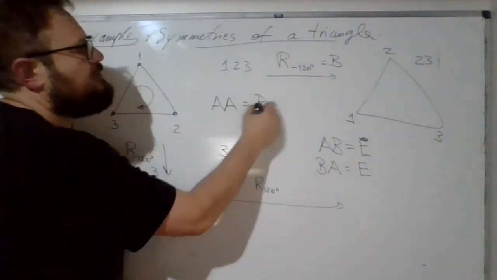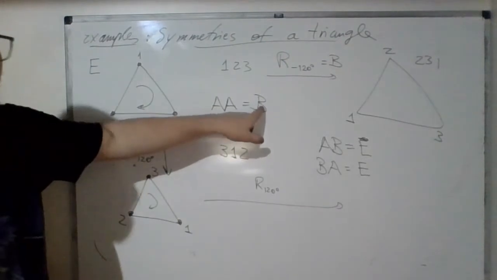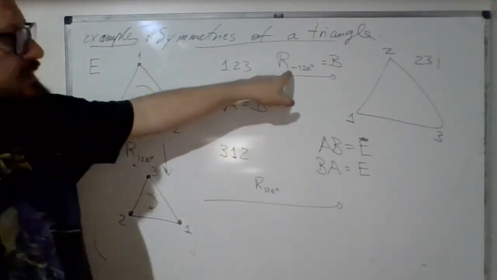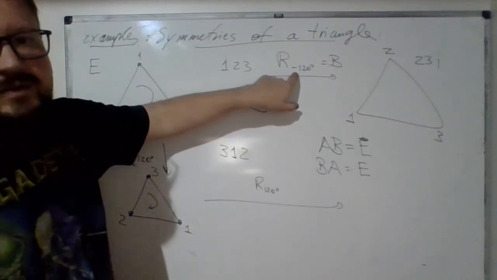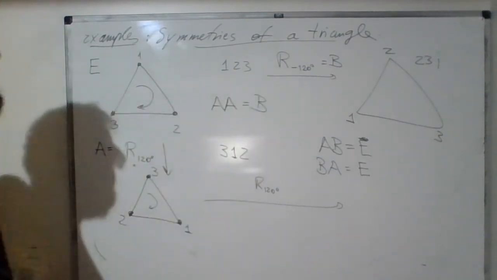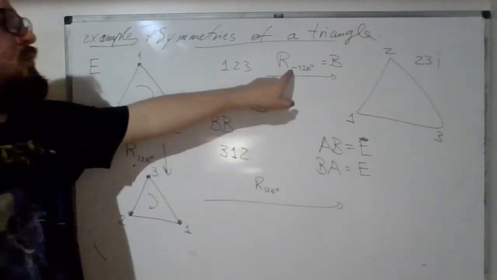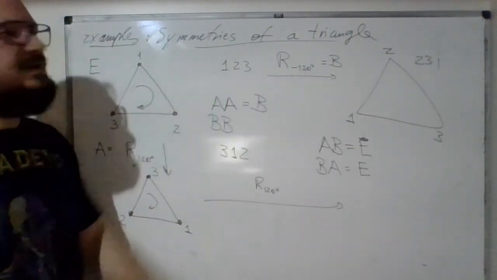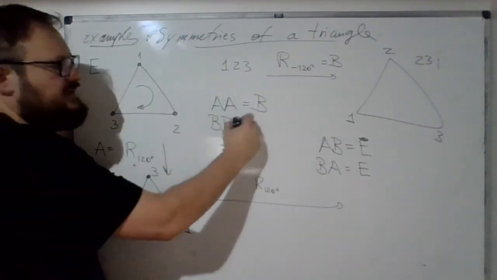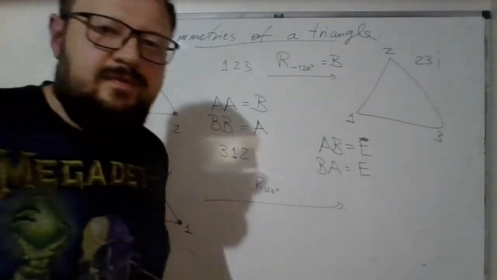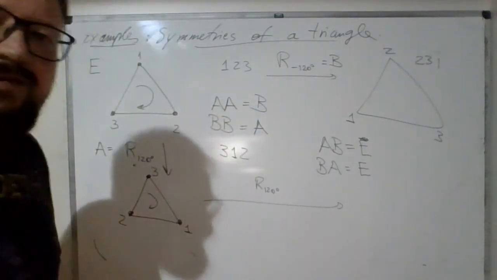This corresponds to B, which corresponds to one rotation by 240 degrees, which is the same as minus 120 degrees. And if you rotate by minus 120 degrees, successively it corresponds to one single rotation by 120 degrees, right?